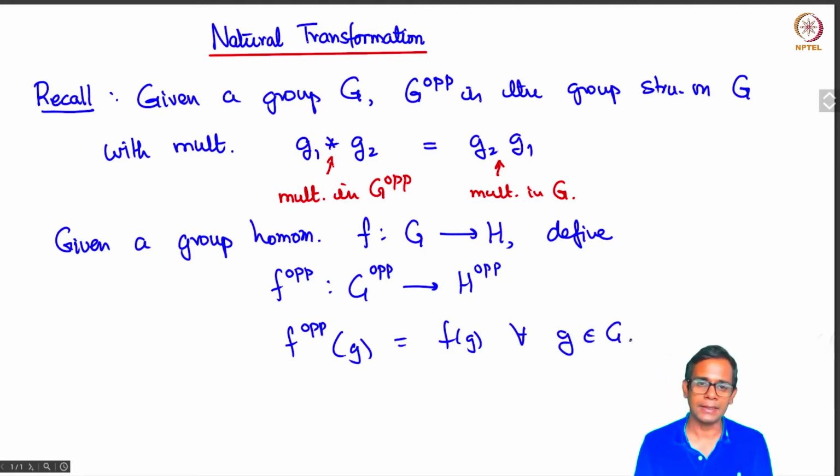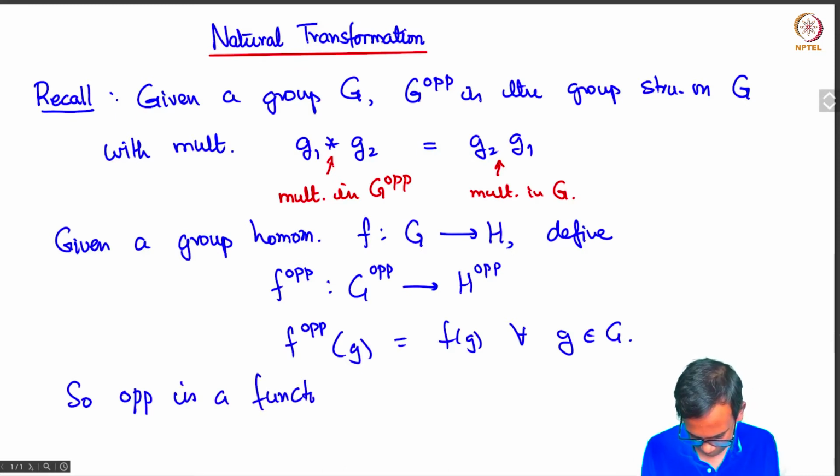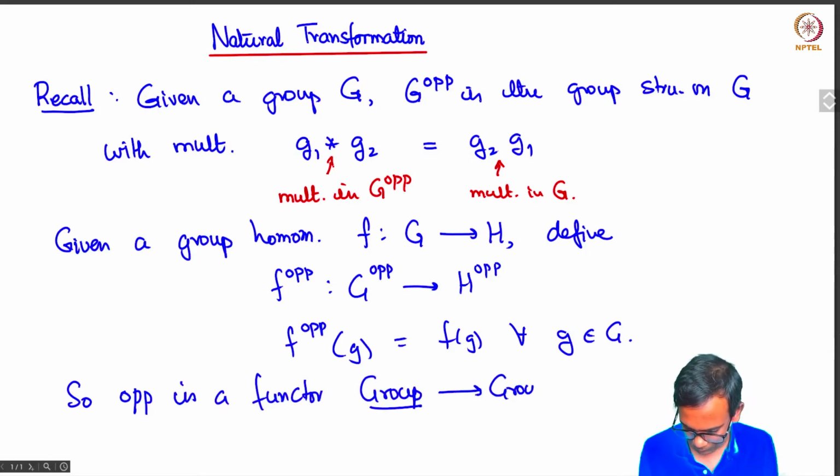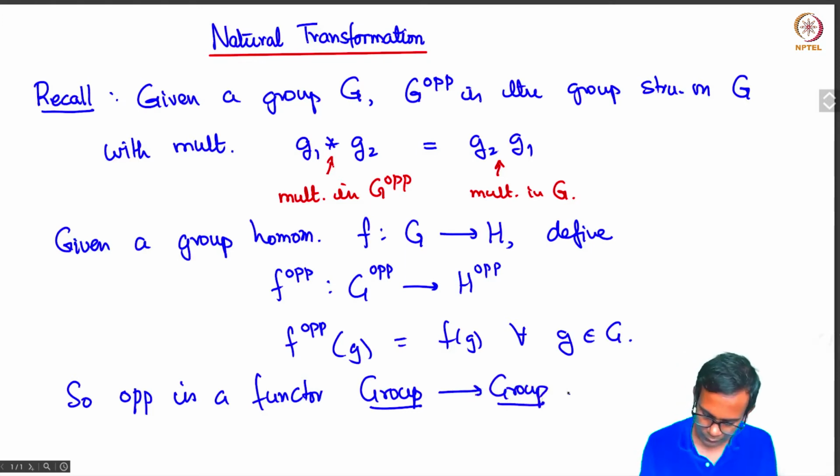I'll leave that as an exercise to you. And so op defines a functor from the category of groups to the category of groups. This is the category whose objects are groups and arrows are group homomorphisms.